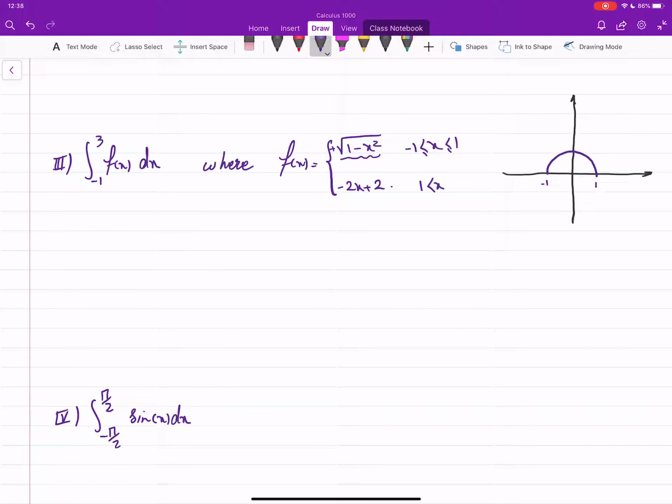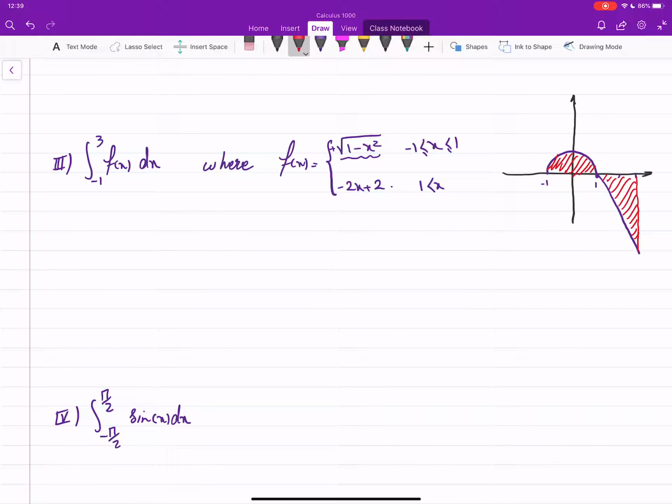And at the point 1, when you plug in 1, you get 0. It is this line that we are going to go up to 3. So at 1 it is that. At 2, it is equal to negative 2. So it is going to be a straight line like that. And the regions now, we have one region here and one region here.